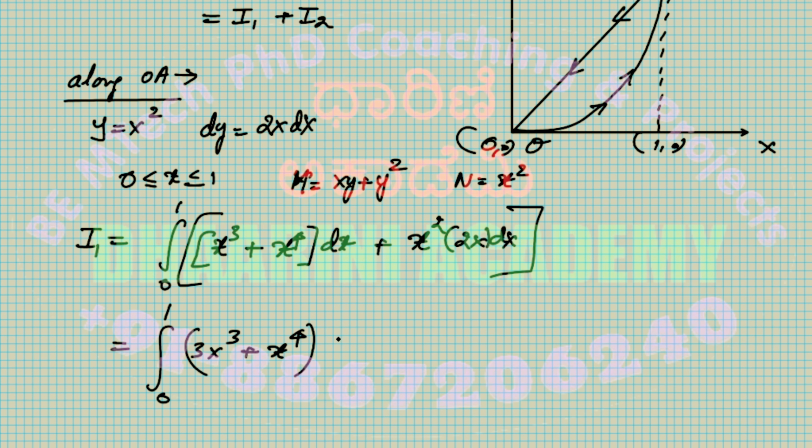If you want to apply Green's theorem, then you should use this. So using Green's theorem means you should use a single integral to calculate the area. Now you tell me what should be the values of M and N. You should do the reverse calculation, right? What should be the values of N and M such that this difference, dou N by dou x minus dou M by dou y, becomes equal to 1?